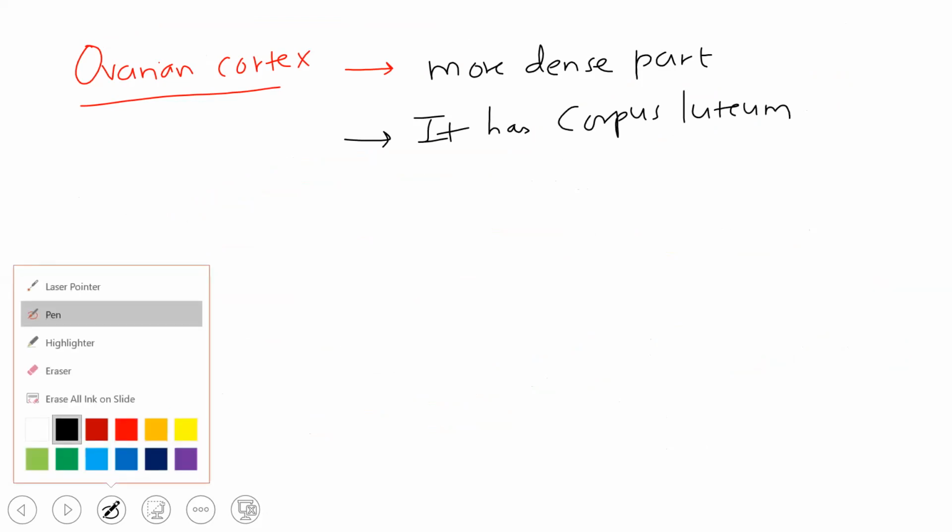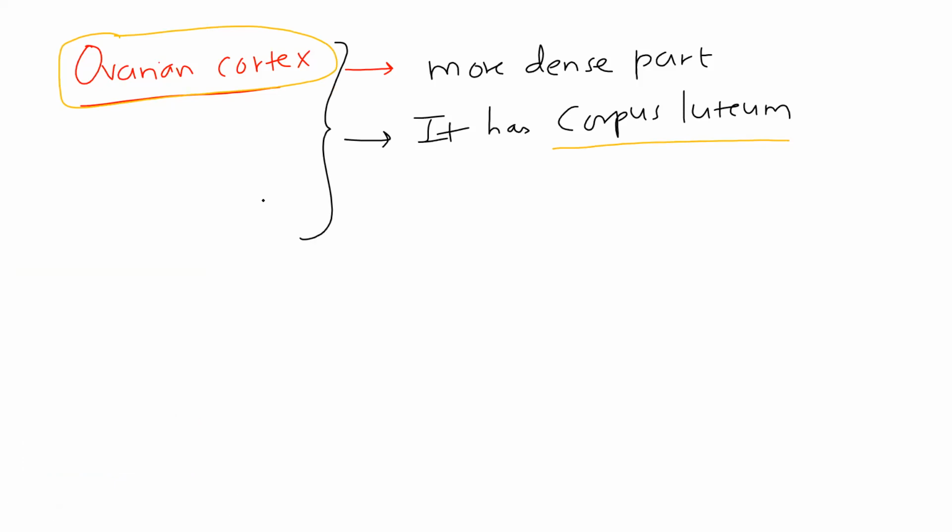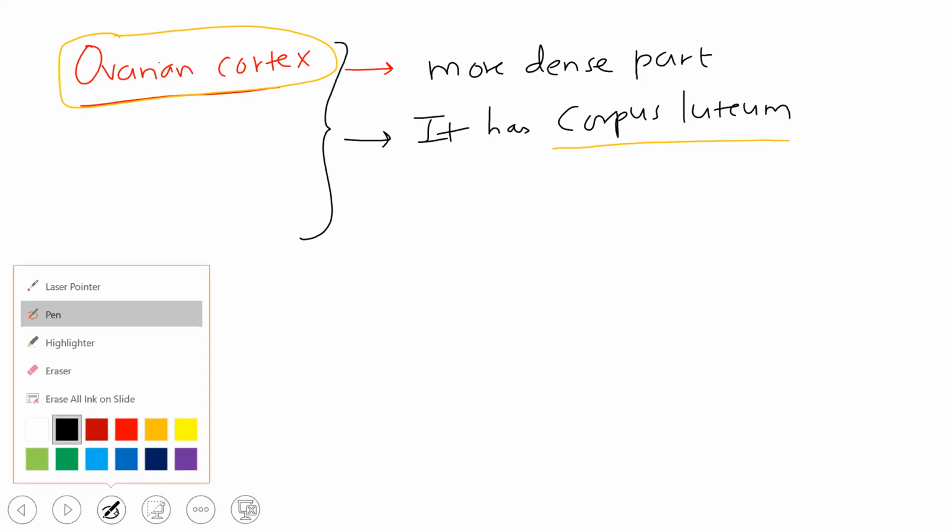Right now, please remember, the corpus luteum will come in detail in the next lecture, not now, as it needs an entirely separate part. The corpus luteum is a temporary gland. It can secrete progesterone and relaxin. It also has the corpus albicans.